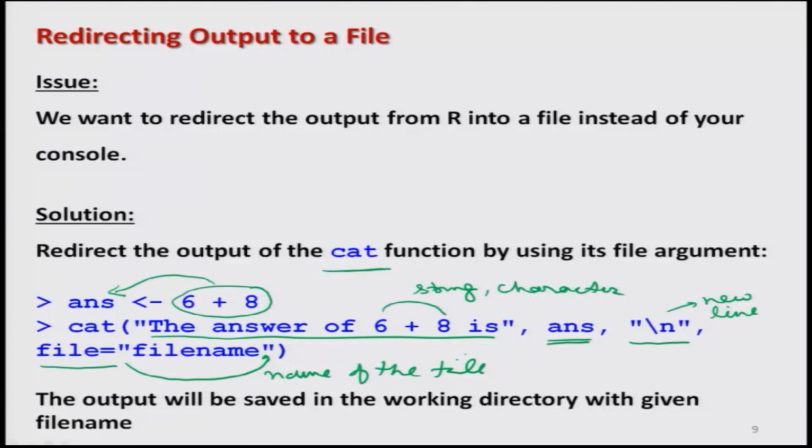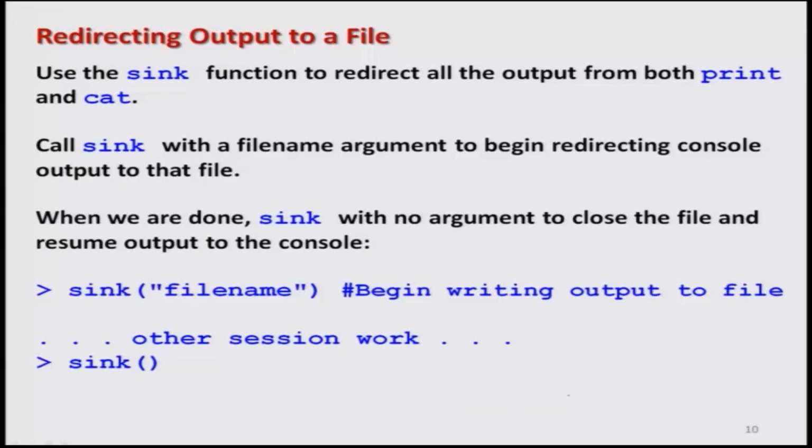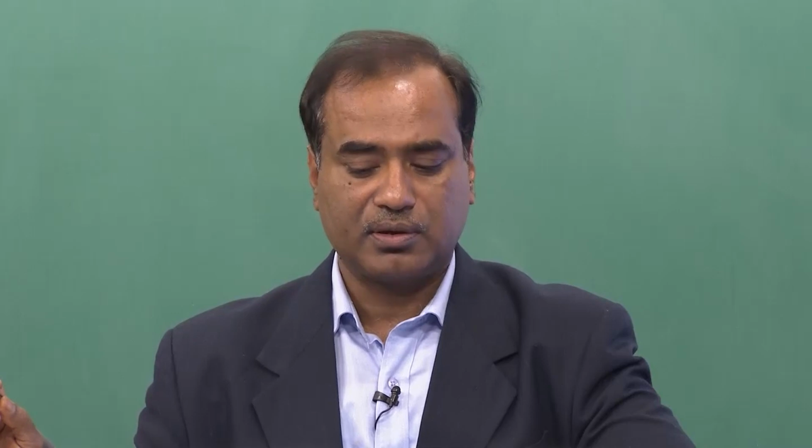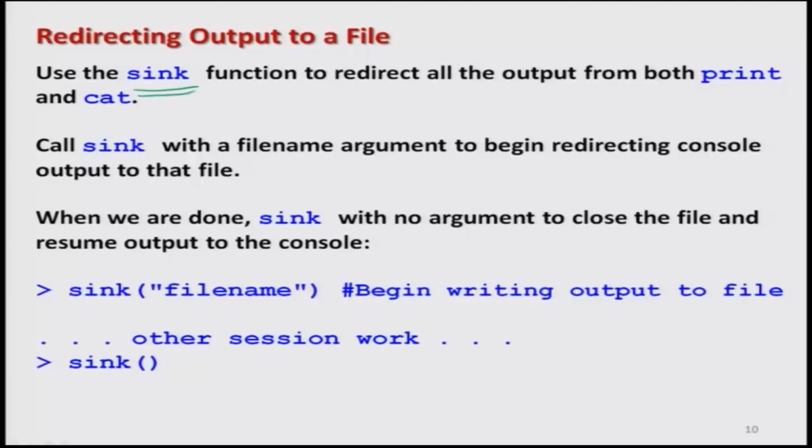And after this, whatever is the output will be saved in this file, that is located inside the working directory, right. If you try to do it here, in order to do it we need one more function, and this function is sink. This function sink helps us in redirecting the outcome of cat inside a file.